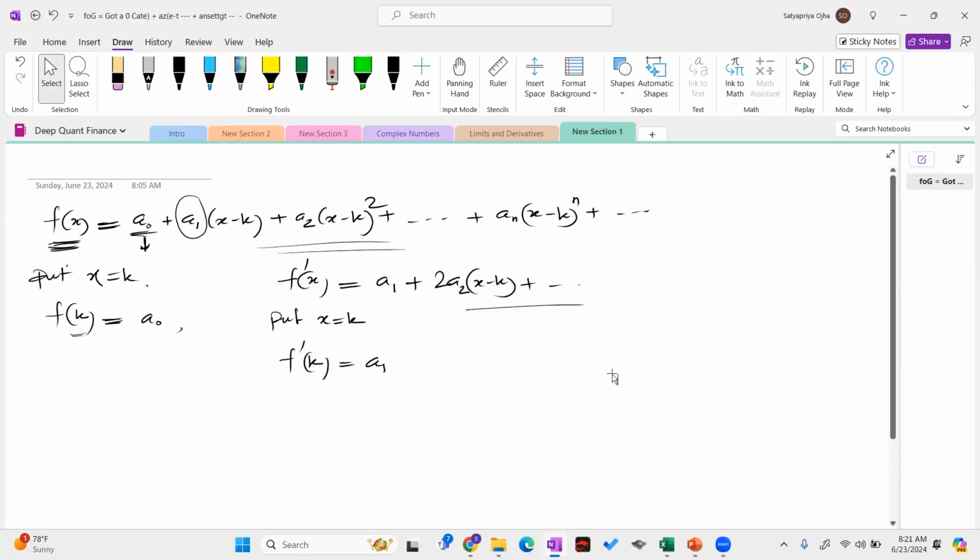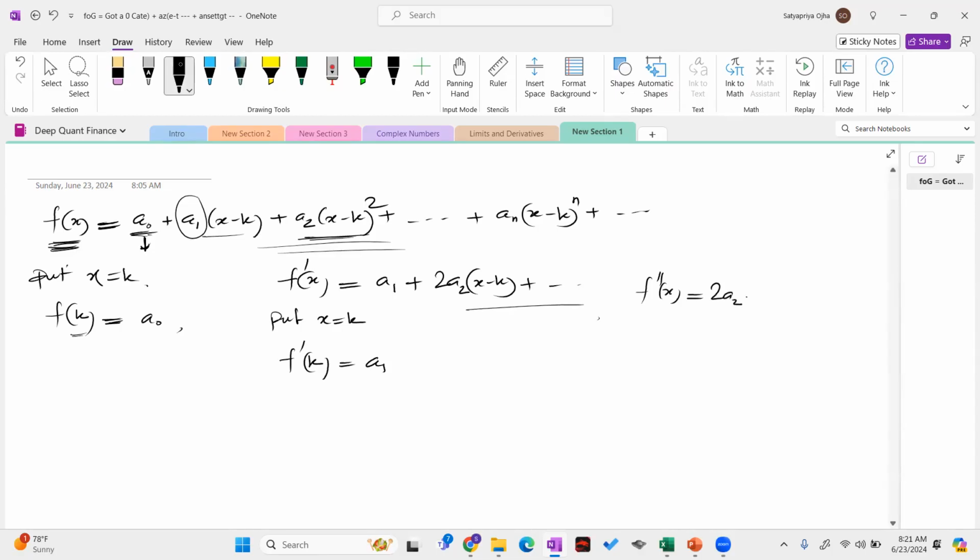Okay, if we differentiate twice, what will happen? f double dash x is equal to the first term, the second term will vanish. This will be differentiated twice, which will be 2a2.